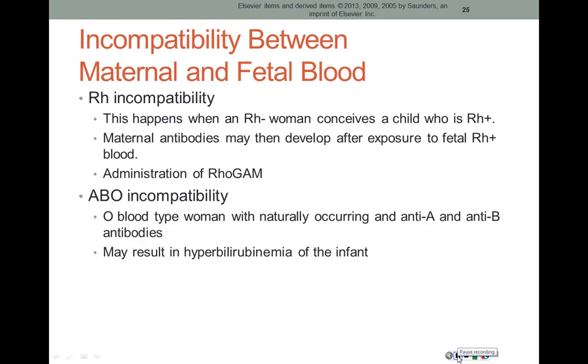Alright, the next problem that can occur is Rh incompatibility, and this is when an Rh negative woman conceives a child who is Rh positive.